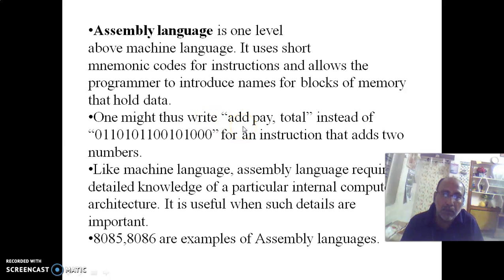Suppose, for example, you want to add pay and total. For this, you write ADD PAY TOTAL instead of 0110111. This one is the machine language instruction, and this one is the assembly level language instruction.